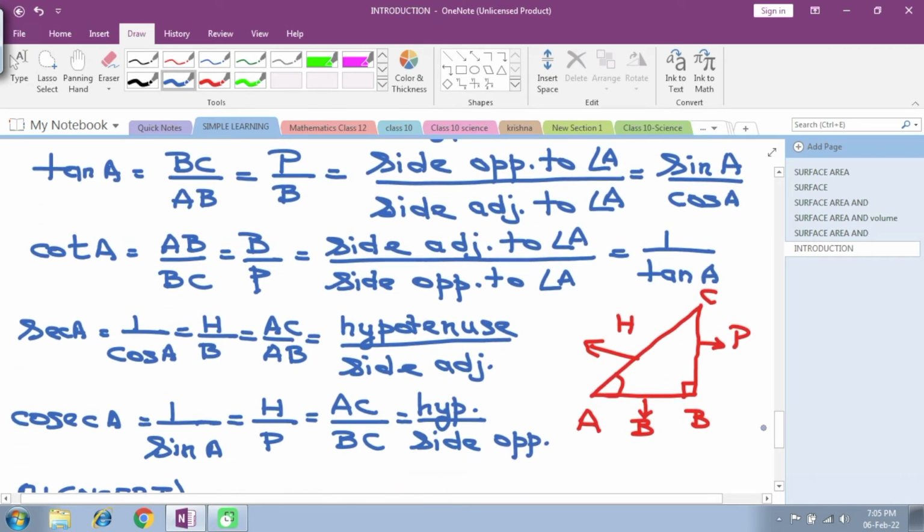Now cot A. Cot A is the reciprocal of tan A, as I have shown here in the end.